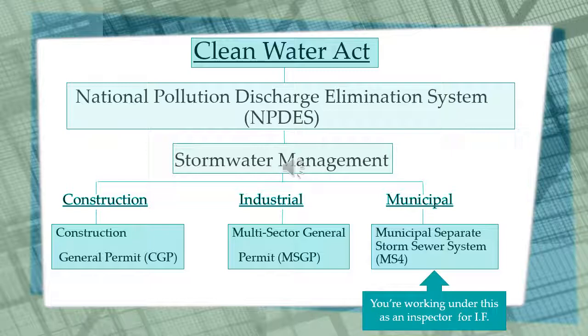The Municipal Separate Storm Sewer System is a sector that applies to the City of Idaho Falls because the city discharges stormwater to the Snake River. Your job is to help contractors do their part to comply with the city's erosion control ordinance.